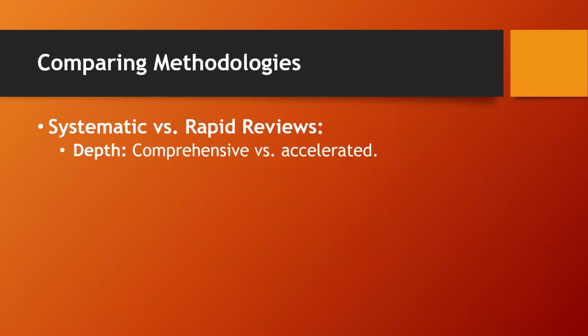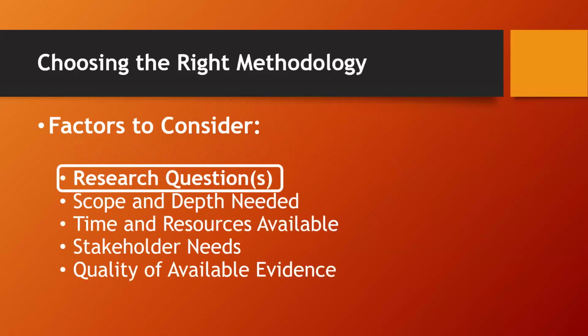We'll use a simple method and we'll start a rapid review. As for resources, in systematic review we need more resources, more time, more effort, more people. But the rapid review is designed to be conducted with few resources and in a shorter period.